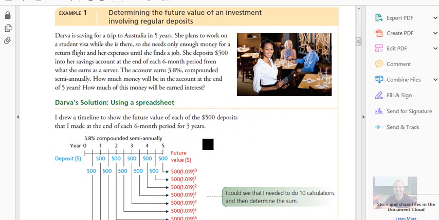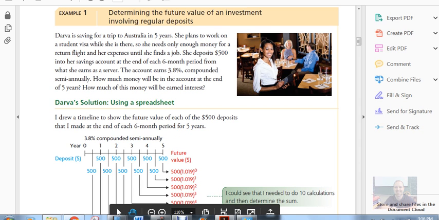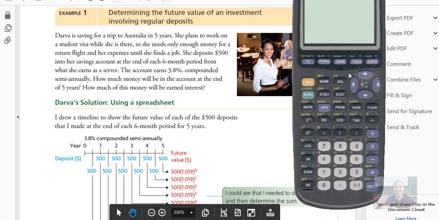Now this gets a little bit complicated, so I'm going to show you how to use the graphing calculator. The TI-83 has a finance program, and to tell you the truth, if you have an older calculator, you might not have this program on, but most of them do. So if you want to check that right away, you can check it. The calculator looks like this.